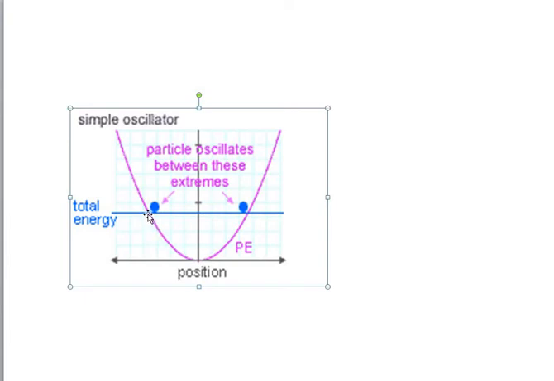Suppose this is the point P. Potential energy is maximum at that point, and the particle's kinetic energy is 0. Kinetic energy 0 means the velocity is 0. The particle will stop here. And since its potential energy is maximum, it will move back towards this point.